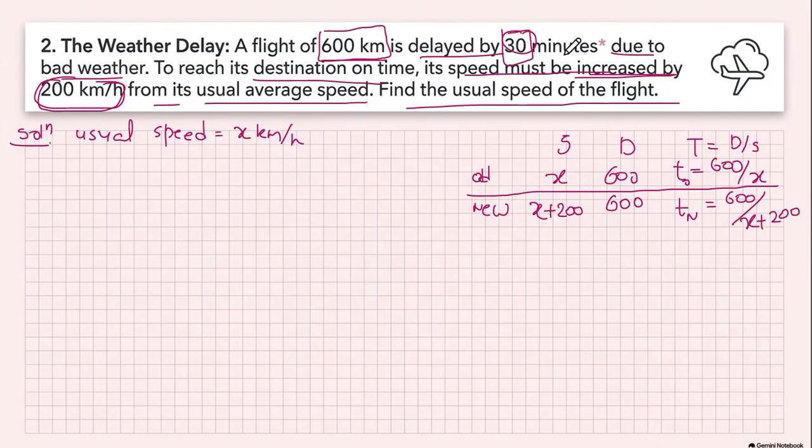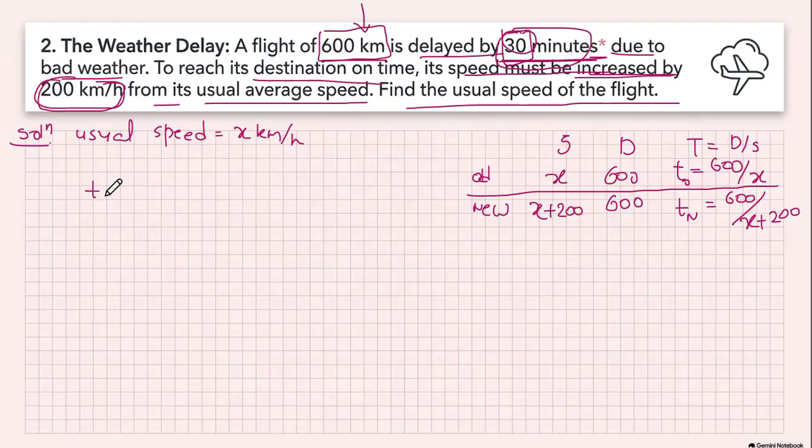Okay, so what is the time difference? If it is going with the usual speed, then it is delayed by 30 minutes. Okay, so that 30 minutes is nothing but the time difference, which is given. So 30 minutes means 1 upon 2 hour.